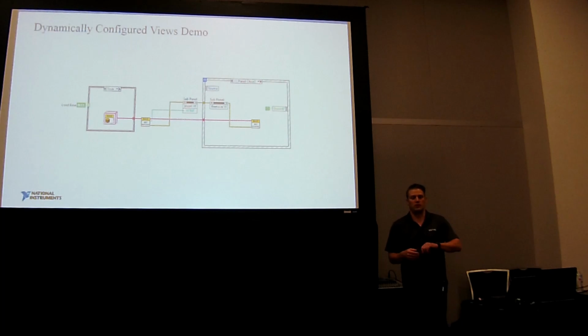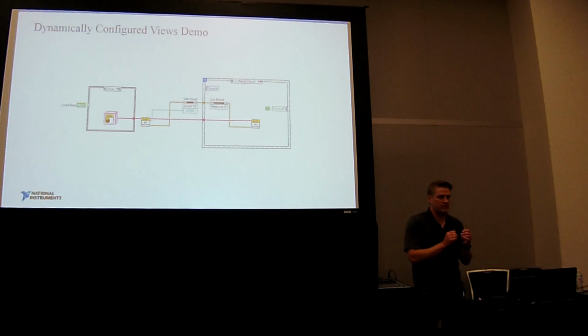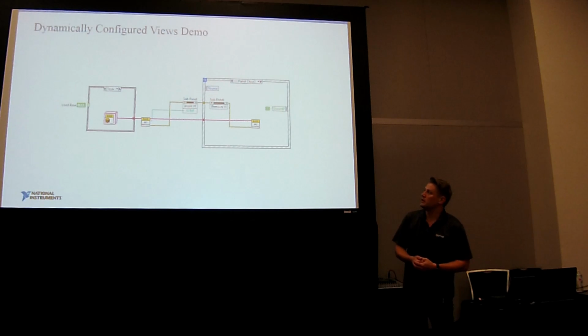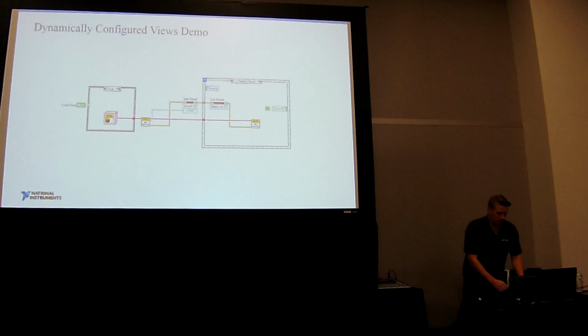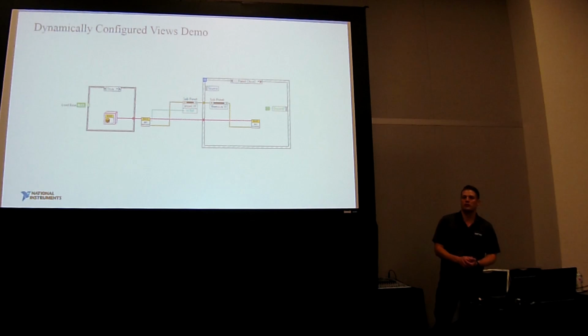Now, the part of this presentation that talks about the dynamically configured views is using dynamic dispatch to be able to pull up the VI reference that you're looking for. That's a fairly simple operation as well, if you're familiar with class hierarchy.